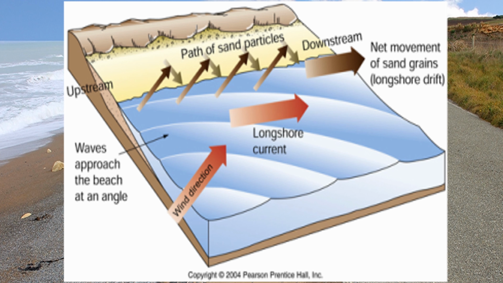And so what ends up happening is you get the formation of what we call longshore drift, where you're eating away at the beach over here, but you're building the beach over here. Basically that is a combination of the waves and the wind. And so eventually you get this downstream building of the beach here, the upstream eroding away. So you get the whole process of both erosion and deposition occurring as that longshore current moves along the land here.